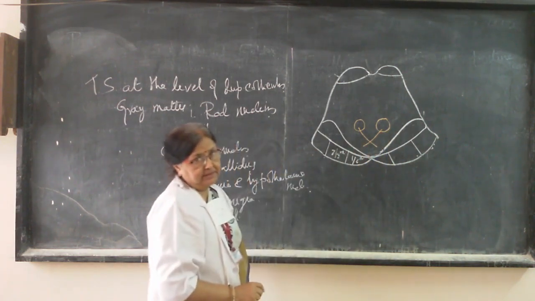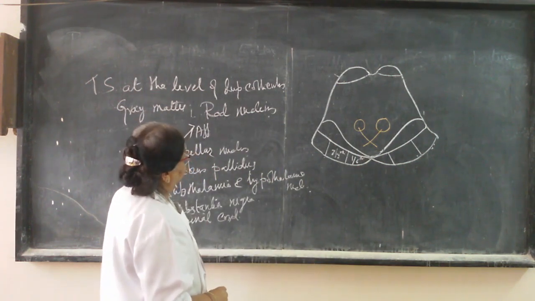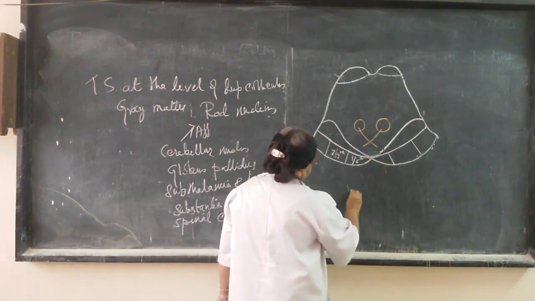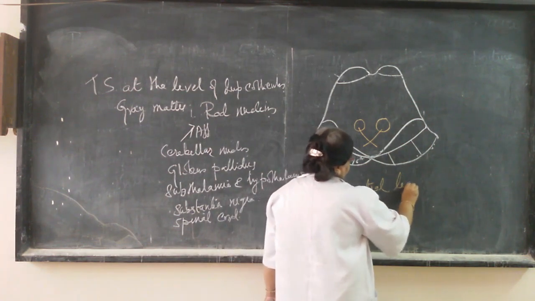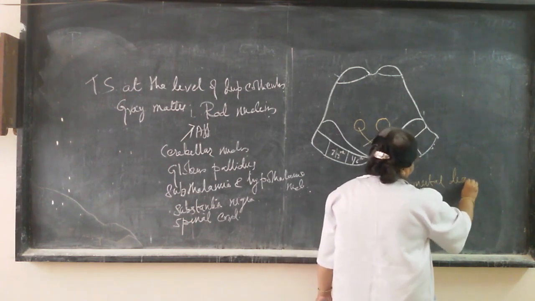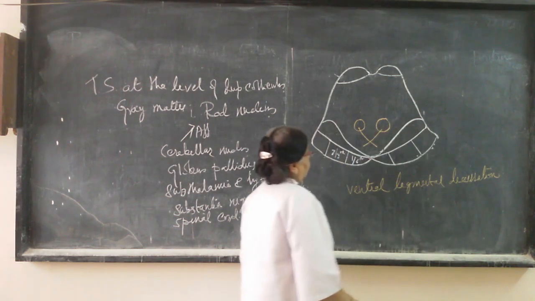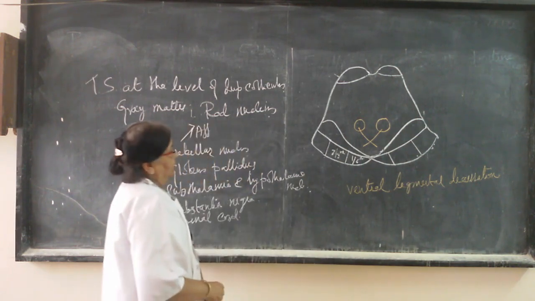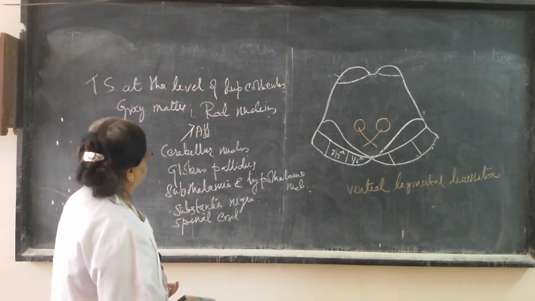They cross to the opposite side, and this decussation is known as the ventral tegmental decussation. After decussation, they descend down to the reticular formation of the brain stem and to the spinal cord.